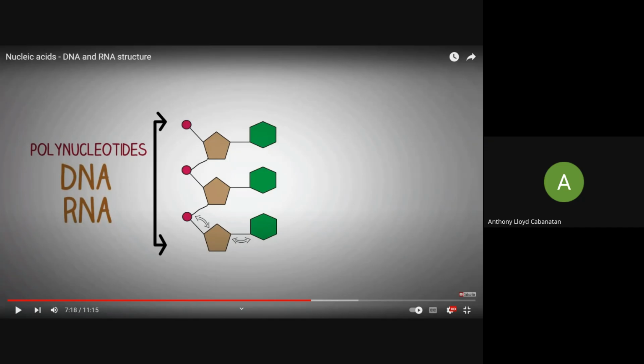Nakalagay nga dyan, either it is DNA or RNA. But definitely, ito ay isang part ng nucleic acid. Kitang-kita naman dyan, yung color pink is the sugar phosphate. We have the sugar and yung color green po would be the nucleotide. Yung green na yan, it could either be adenine, guanine, thymine, and so on. So let's proceed.